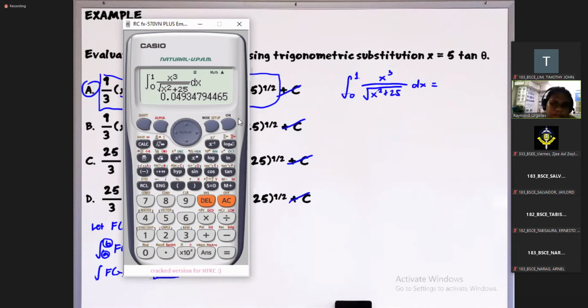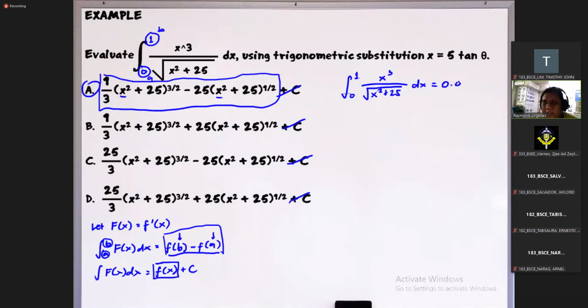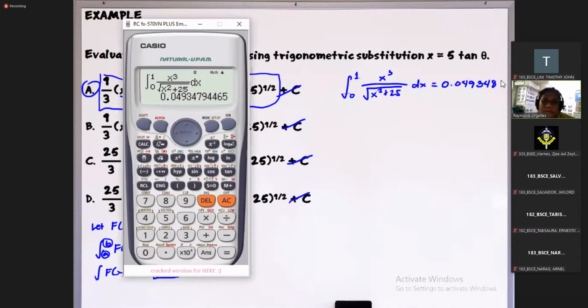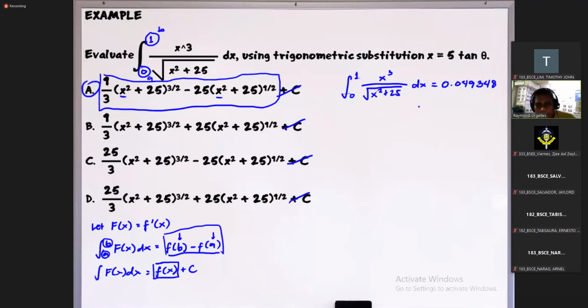Okay. So we have 0.049348. Okay, nakuha ba? So again, yan yung ating equation. Diba? So yan yung ating value na kailangan hanapin.